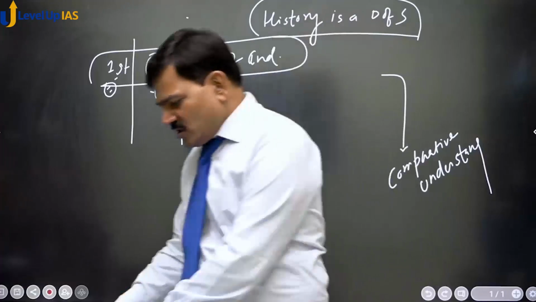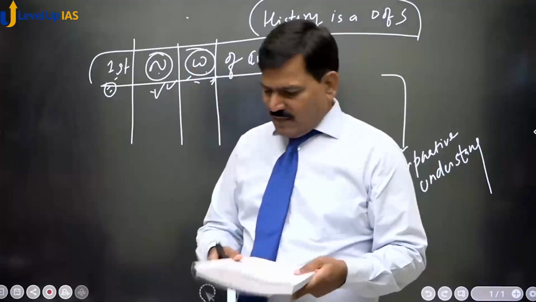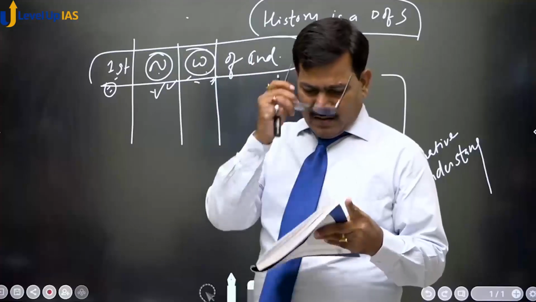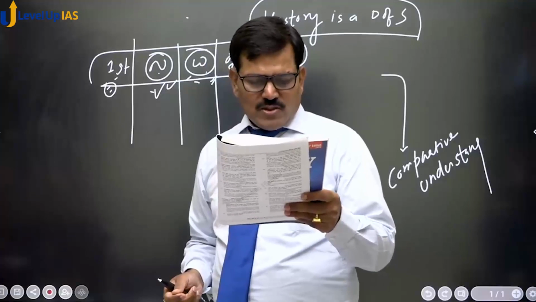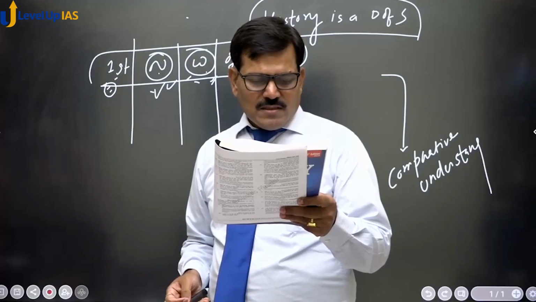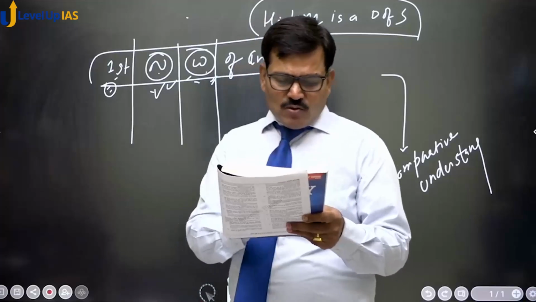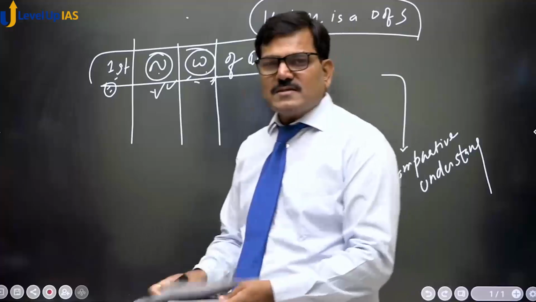You find the question asked last year, that Tipu Sultan was trying to build in Mysore a strong, centralized and militarized state with ambitious territorial designs.